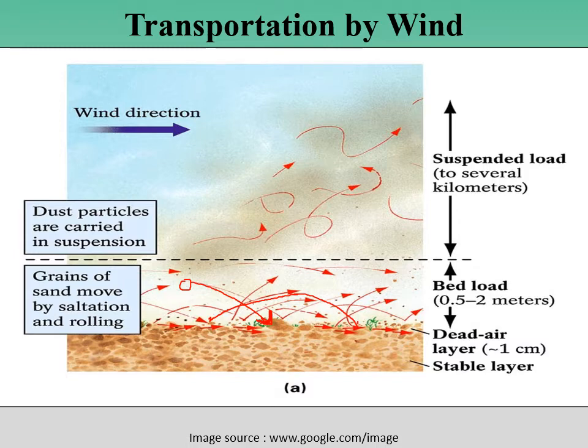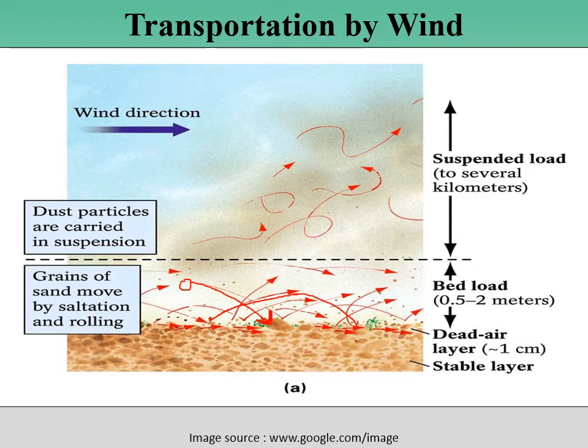What happens in creep is that whenever a sand grain is moving in saltation, it periodically goes into the air, and after some time comes back to the surface. So in this jumping way, it moves in the forward direction.